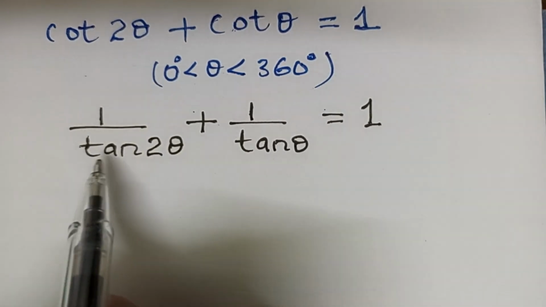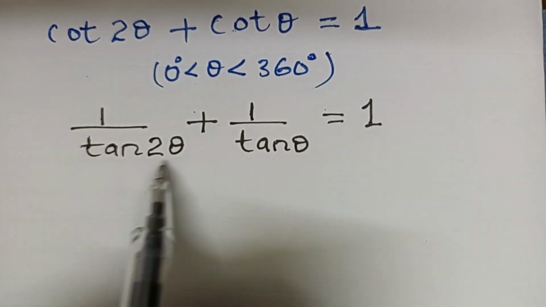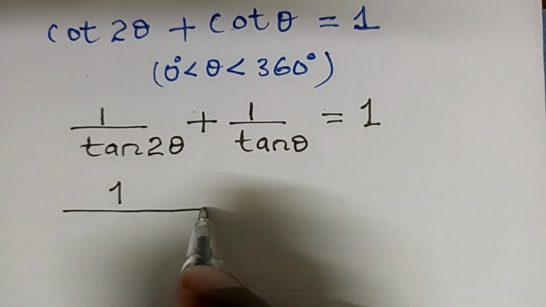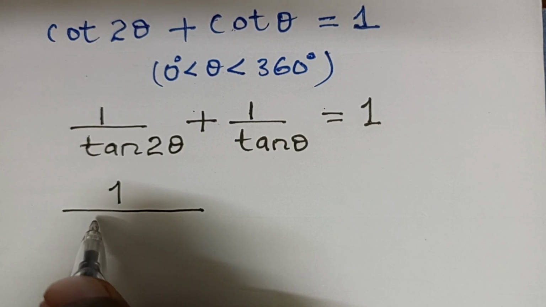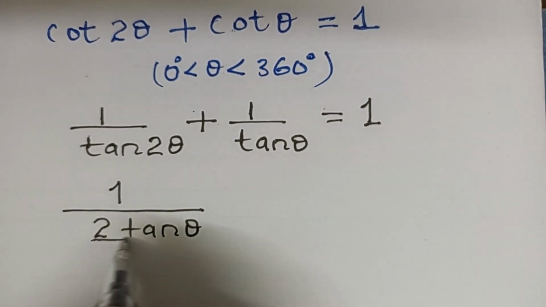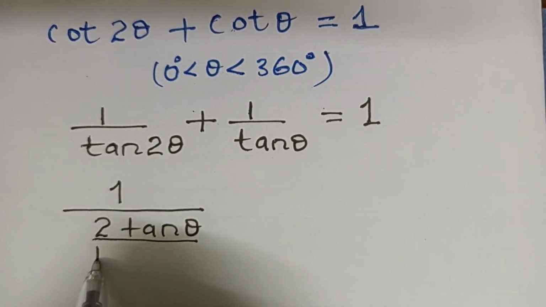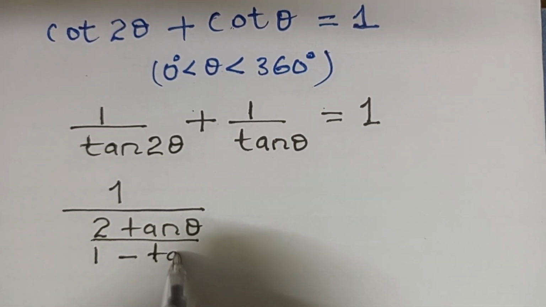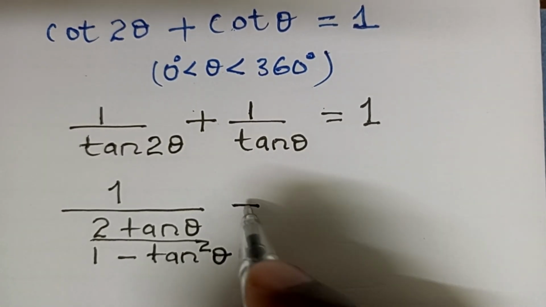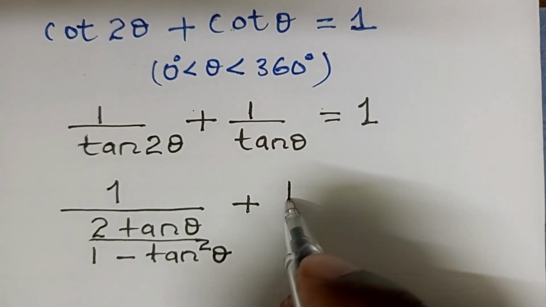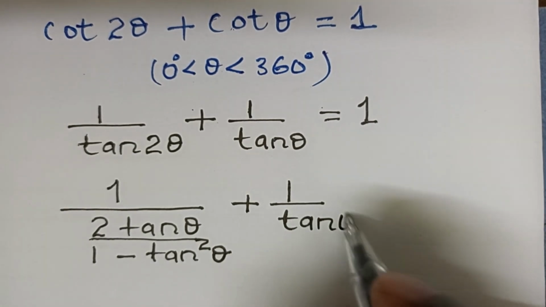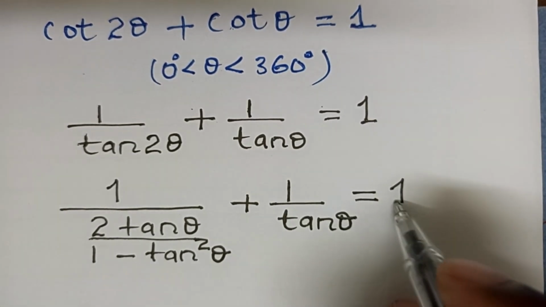The next thing guys, I'm going to use the double angle formula for tan, whereby this is now going to be 1 all over 2 tan theta over 1 minus tan squared theta, plus 1 all over tan theta. This gives us now 1.